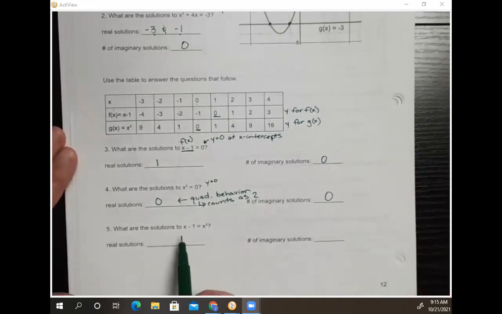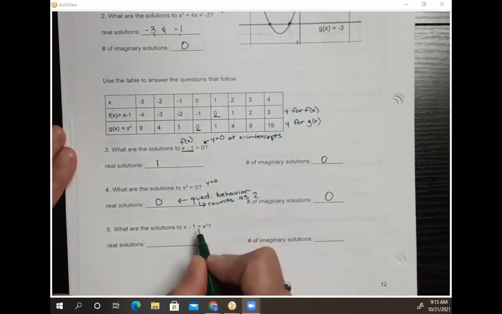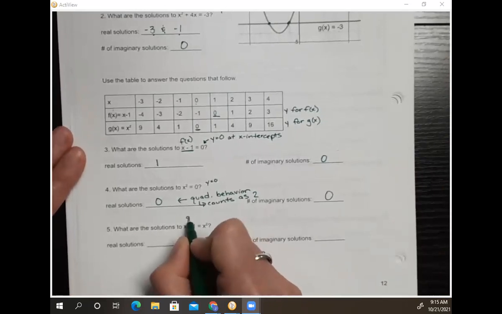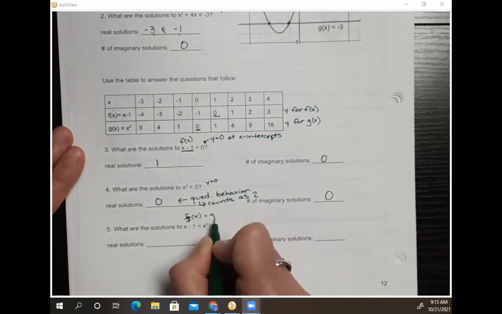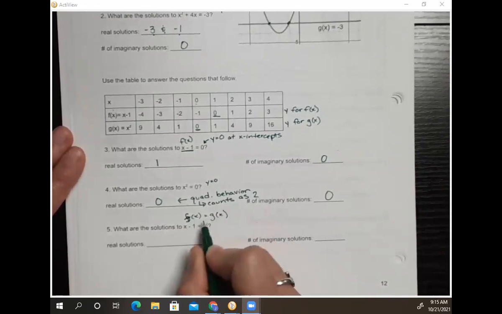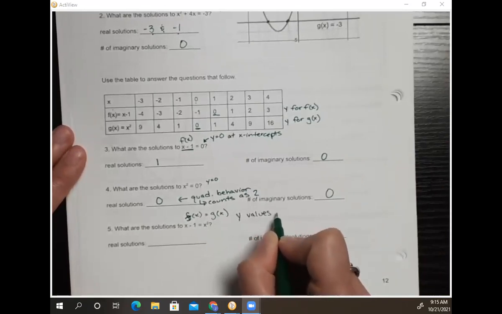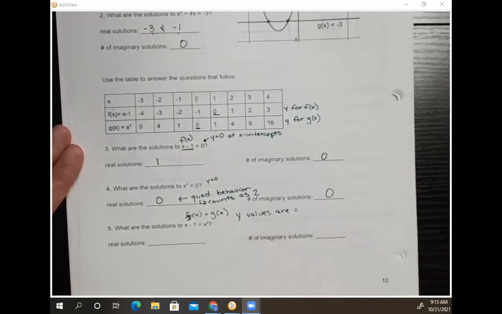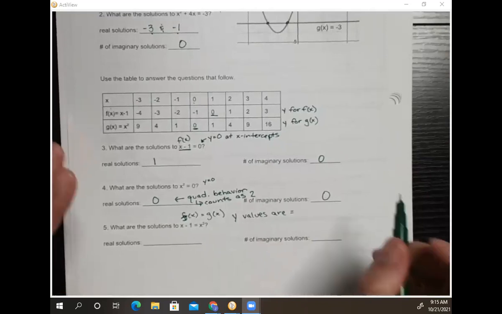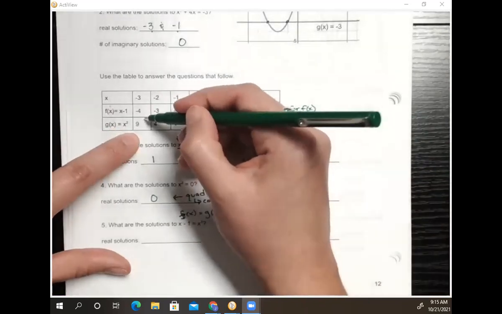Okay, and then finally, what are the solutions to x minus 1 equals x squared? So here I'm going to look at where g of x, oops, this is f of x, where f of x is equal to g of x. When are their y values equal? So I'm going to go to my table and look at where the y values are equal.